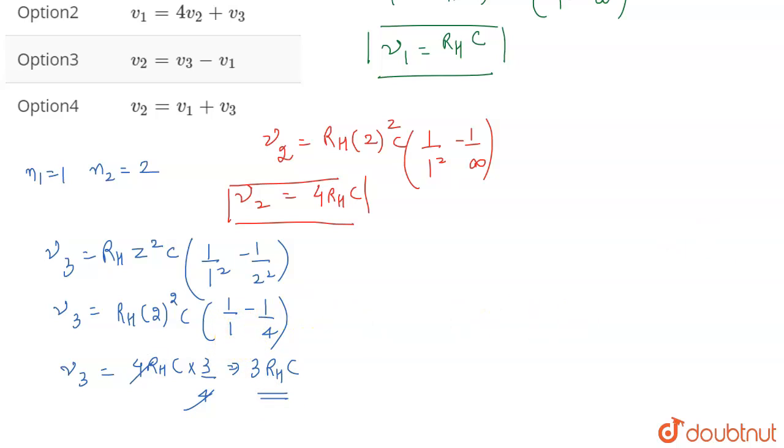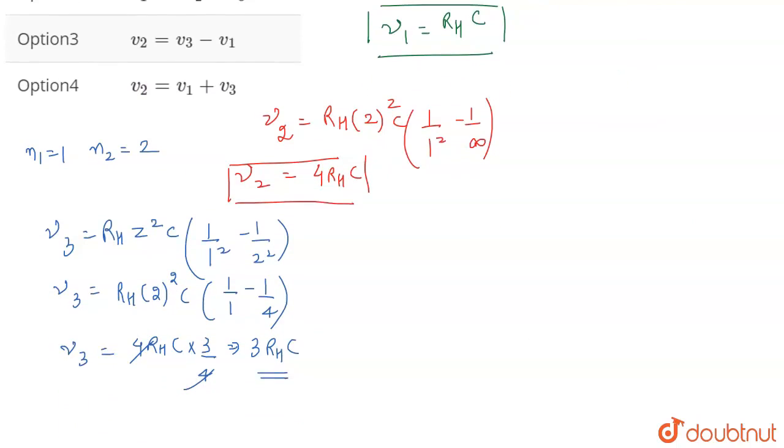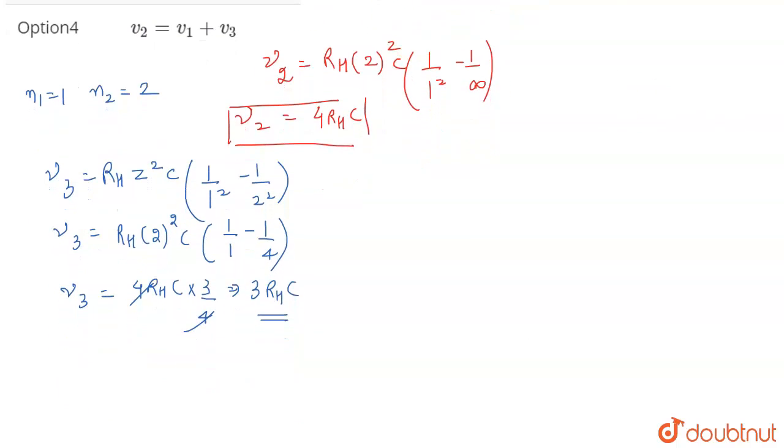Now, you have to tell the relationship between them. If you look at these, what is the relationship that you can establish between them? If we talk about nu2 equal to nu1 plus nu3, your LHS should be equal to RHS.